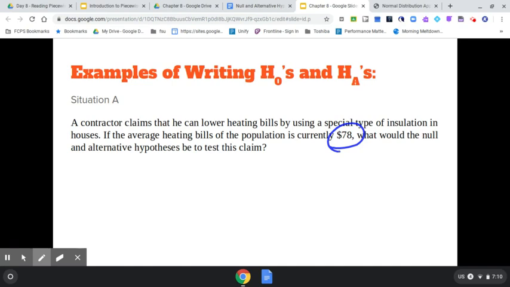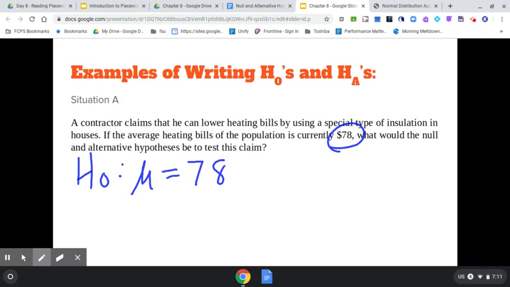So if nothing's changing about heating bills, we would expect the null hypothesis, H sub 0, to be mu, the population mean, is equal to that $78. Again, the population mean is not changing, so it's going to stay what it currently is, 78. If something is changing about that value, we want to know, how do we think it's changing?